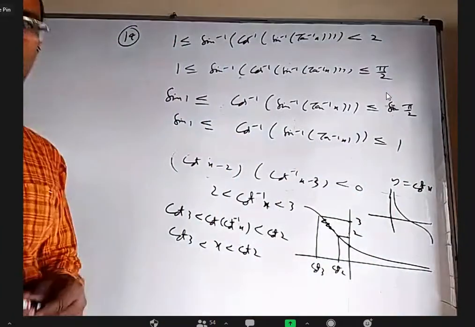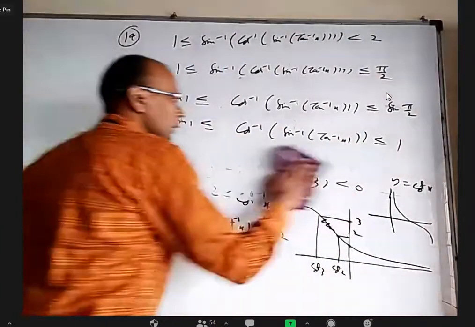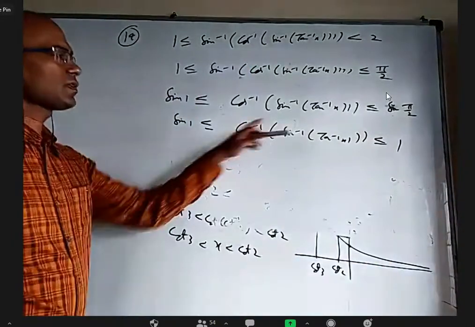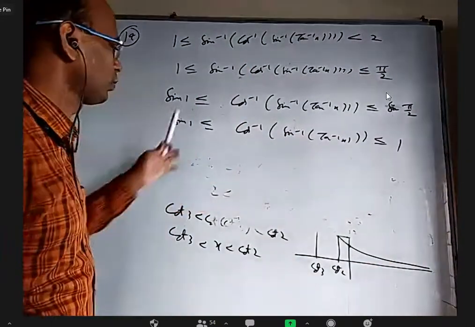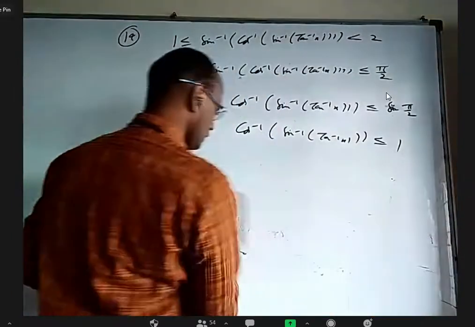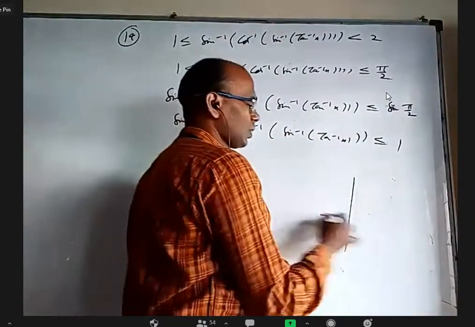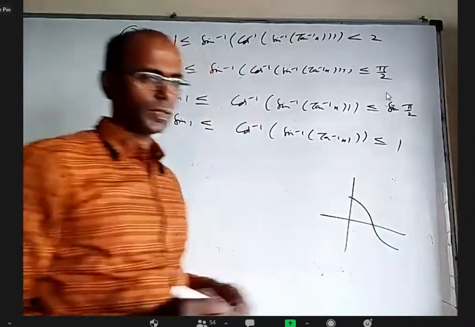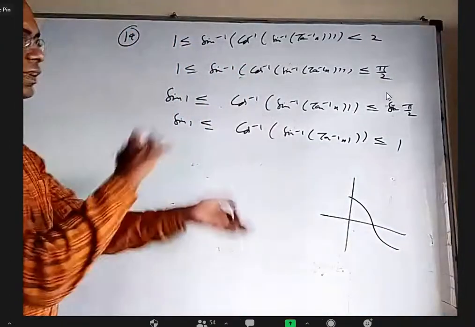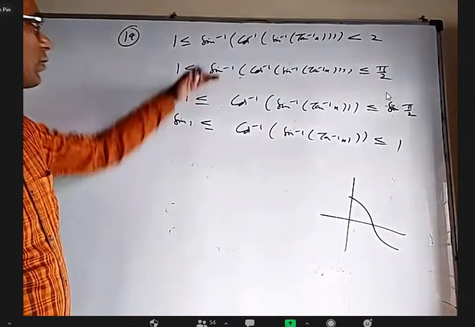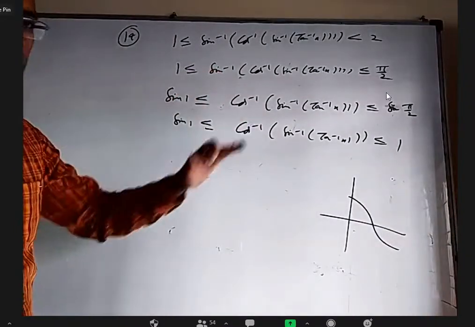Next, when will cos inverse of something be between 1 and something? Cos is a decreasing function, because if you look at the principal values of cos, it is this much. So when you apply cos, the inequality reverses. Here, from here to here, I applied sine, no problem, same inequality.